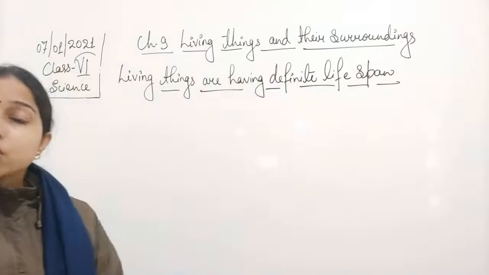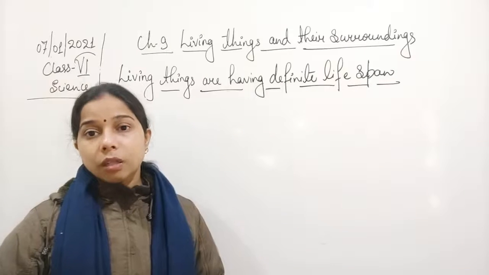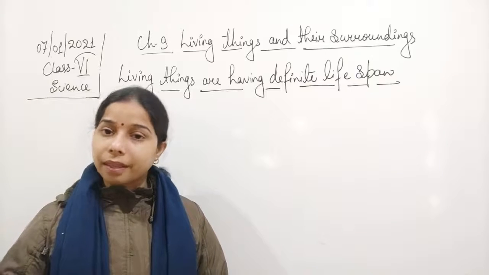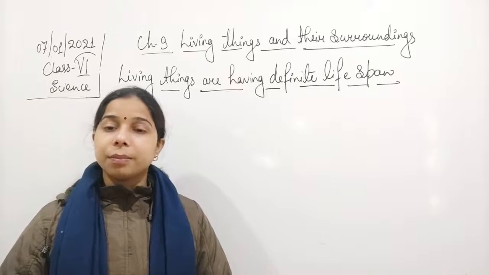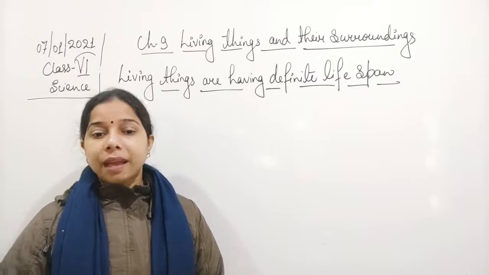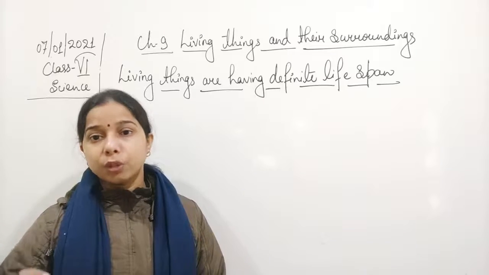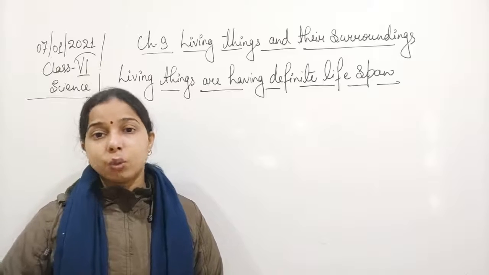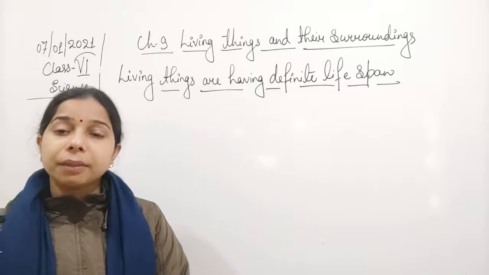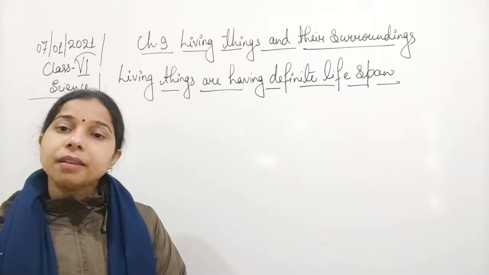Okay, so all the living beings, all the living things, give birth, and then that kid will grow and develop into an adult, and finally from adult becomes old and then dies.